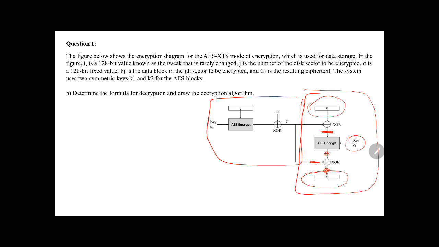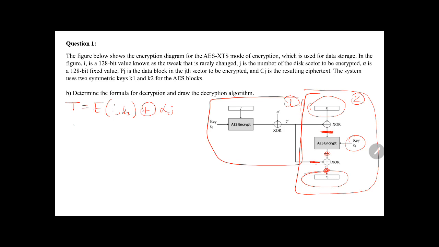So basically we have the same exact T. We don't need to change anything with the first sub-block here with T. So T will be equal to, just the same as we did before, the encryption of I with K2 XORed with alpha J.